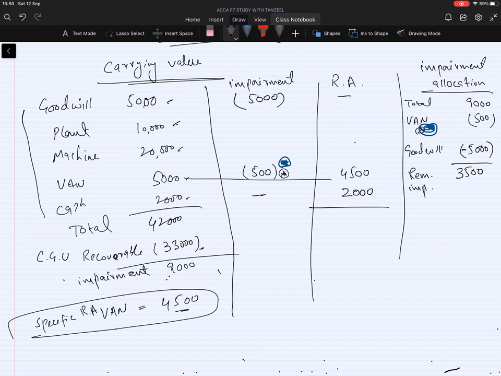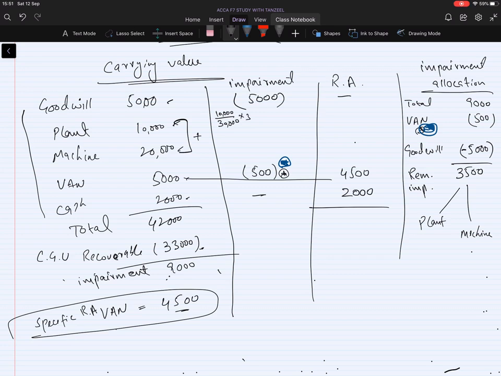We need to allocate this remaining balance to plant and machine, some to plant and some to machinery. For these two we need to make a ratio. Add these two: 10,000 and 20,000 is 30,000, and plant has 10,000 value.